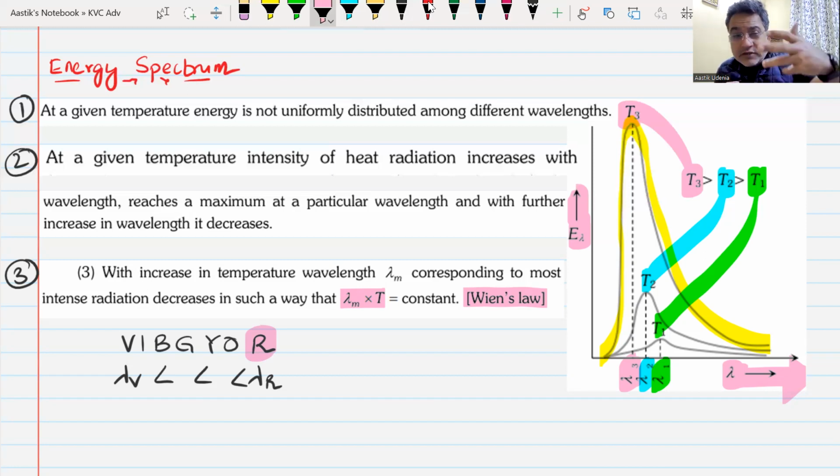If you heat it further, the color will change from red to orange because now it will start to emit orange radiations more, because the temperature is rising and the wavelength with the maximum energy is falling. Then it will turn yellow, then green, then blue. The flame of your gas stove is blue.